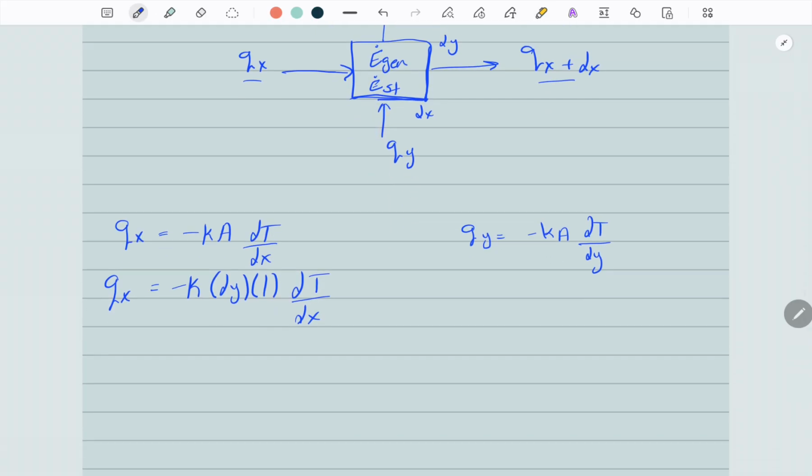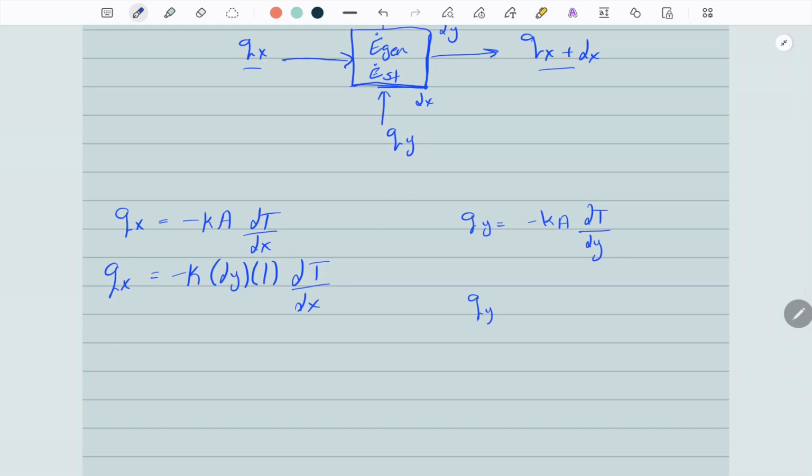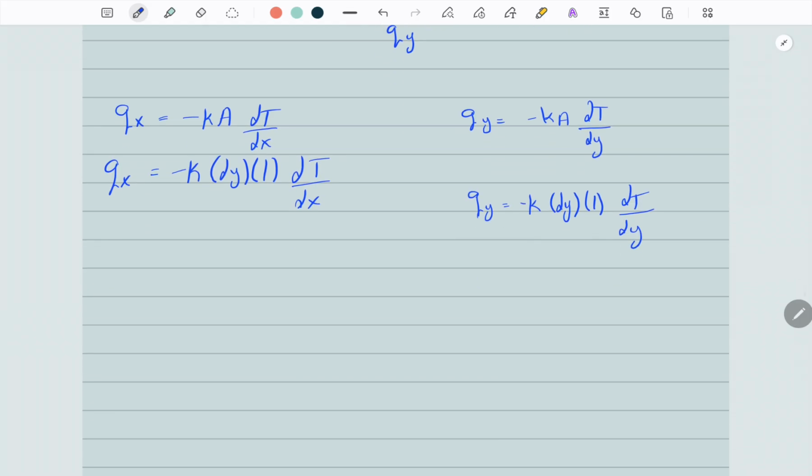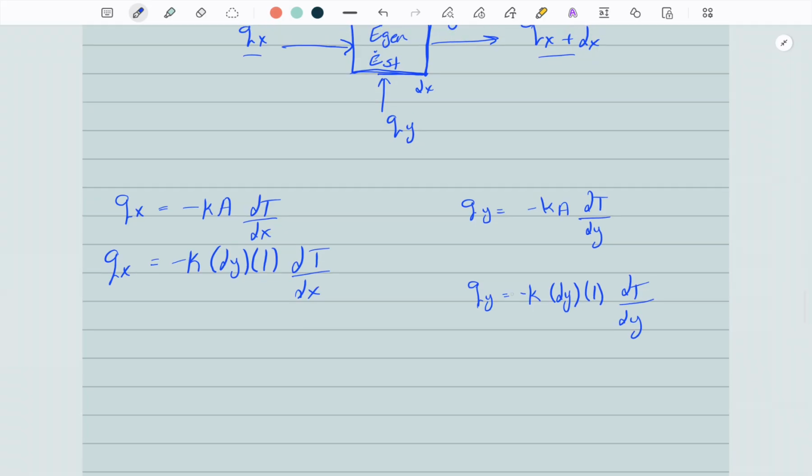Therefore, qy equals negative k times dx times 1 unit z, which we'll assume is 1 unit coming out of the screen towards you, times dT over dy. Sorry, this is dx.